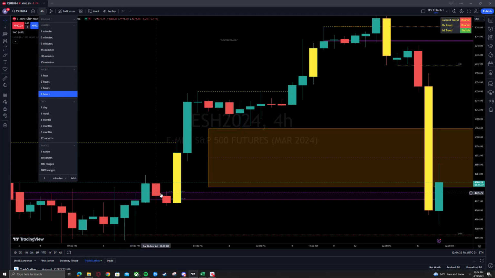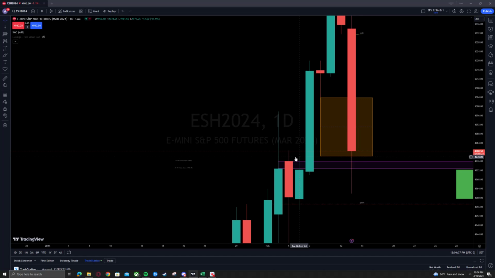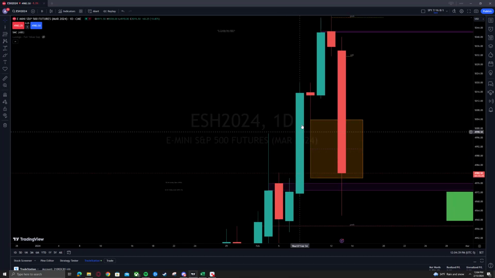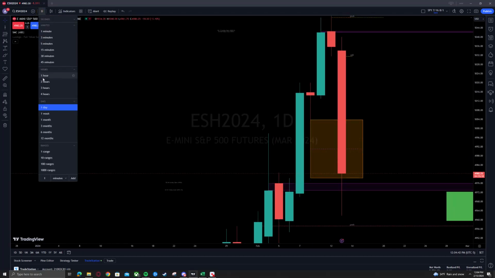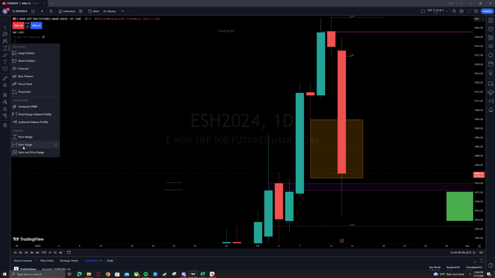Here's the bottom, the daily of this candle. And you have this, and then you have this one right here, because it's a 3 candle formation. It's 3 candles on the daily, but here I'll put a date range like this.